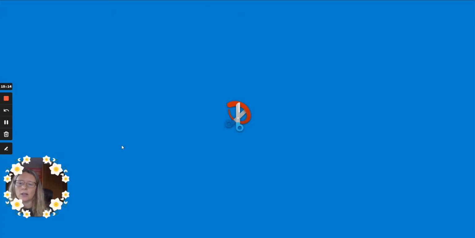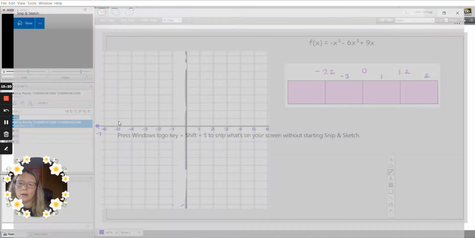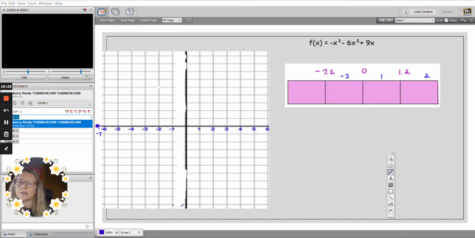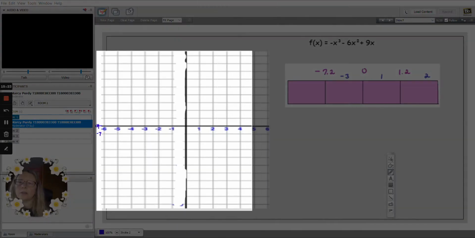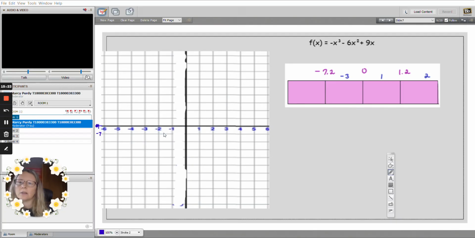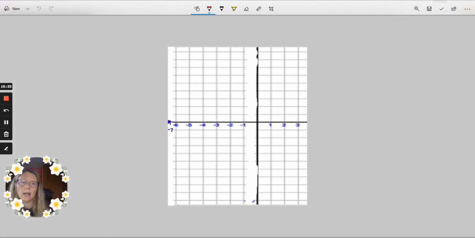Let's try this. Give me 1 second. Our graph is not as good as it should be here. I'm going to snip it and slide it over a little bit. That way we can have some room here.